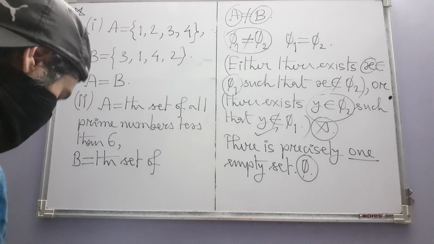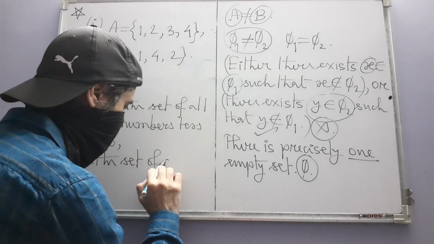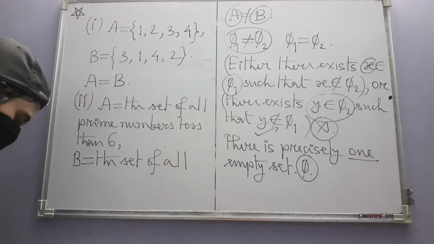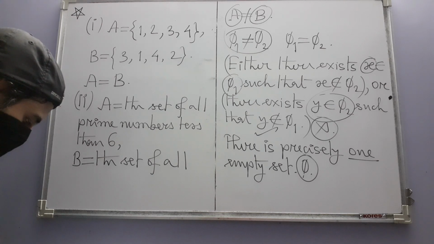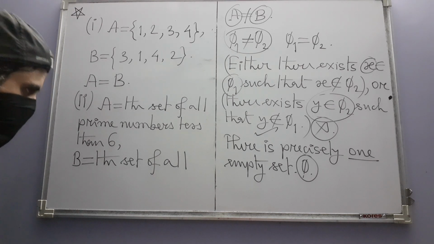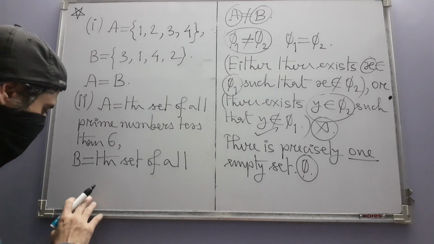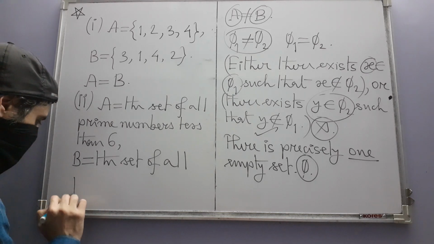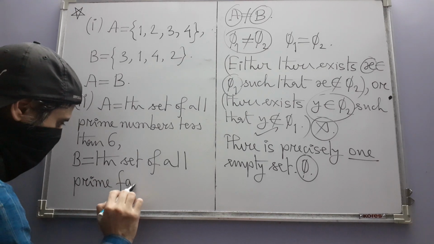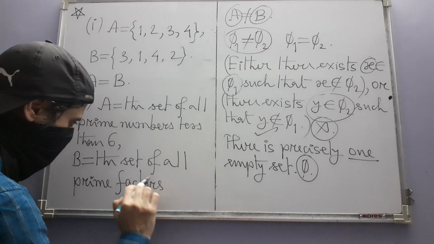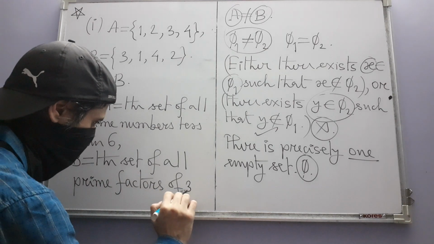Where is it? Yeah. Set of all prime factors means positive prime factors. Because we are saying prime, so no need to mention positive. All prime factors of 30.